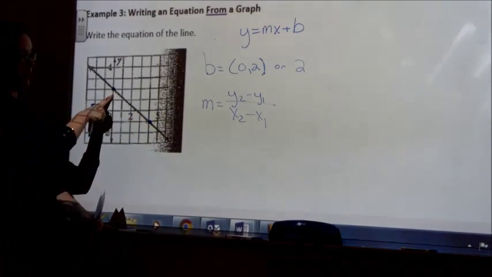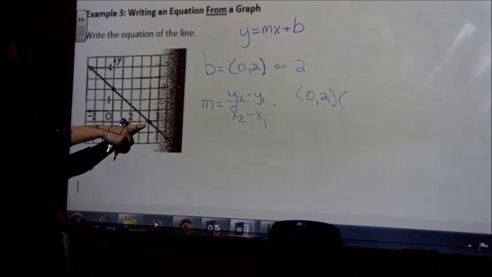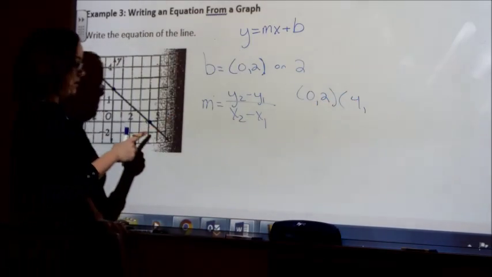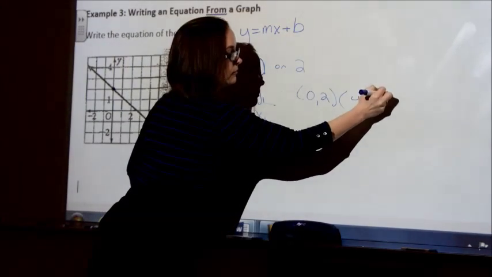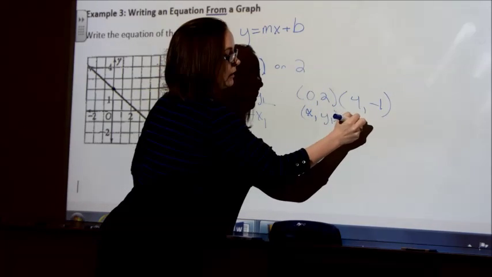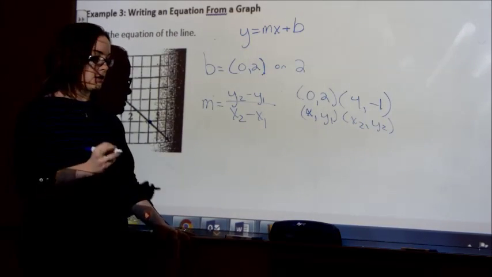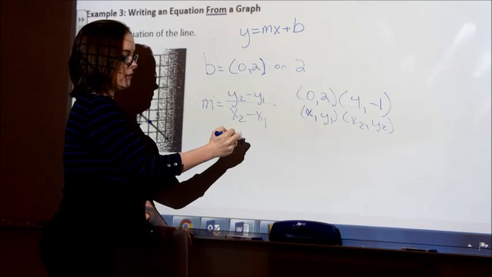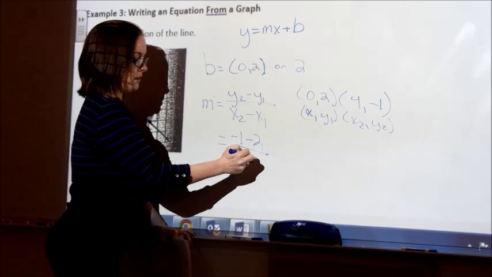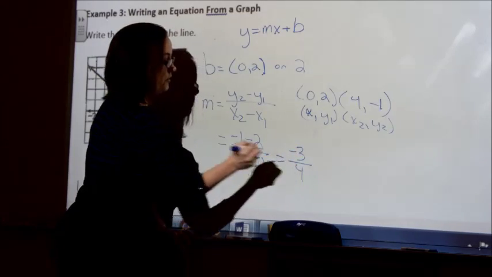So if we have this point, which is (0, 2), and we've picked this point, which is (4, negative 1), we know that this is x1 and y1, and x2 and y2, and we can plug those into our equation and solve. So y2 is negative 1 minus 2 over 4 minus 0. If we simplify that, we get negative 3 over 4.